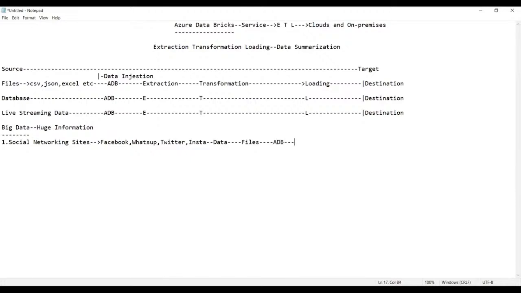There we perform extraction, then transformation, then loading, and finally the data is loaded into the destination.